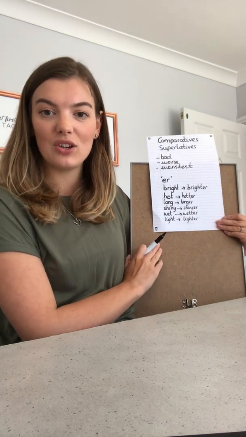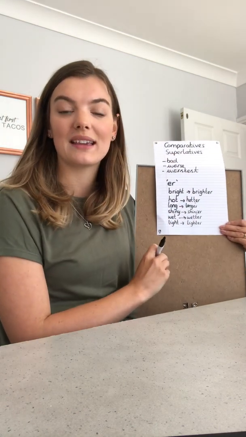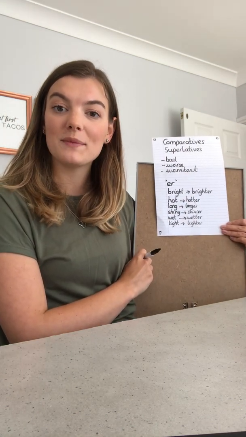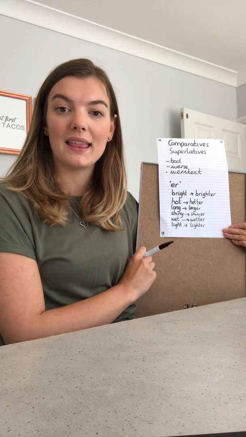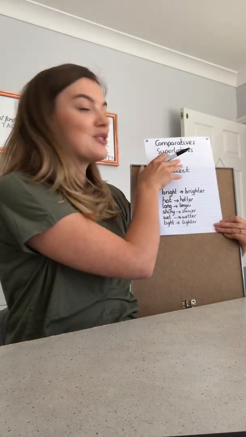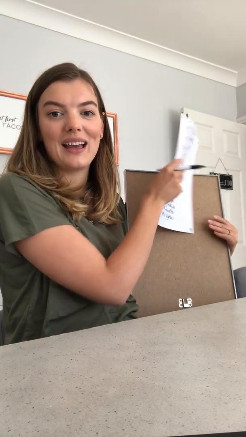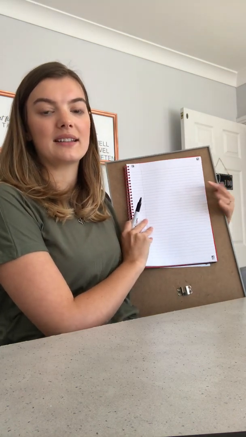If you can think of any other words that you could turn into a comparative adjective, write them down on a piece of paper and send them to me on the Google Classroom so that I can have a look at those. So that was comparative adjectives. We're now going to look at superlative adjectives, okay?